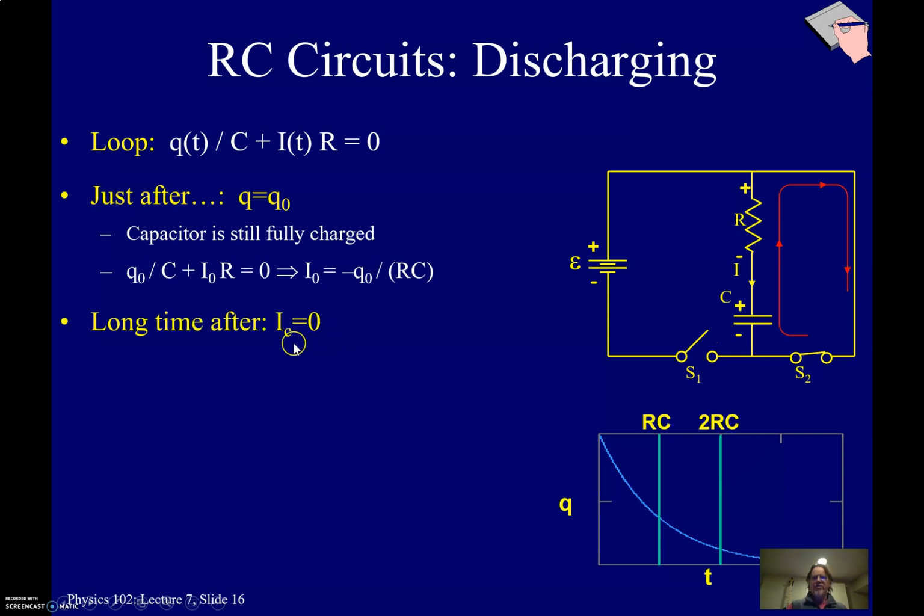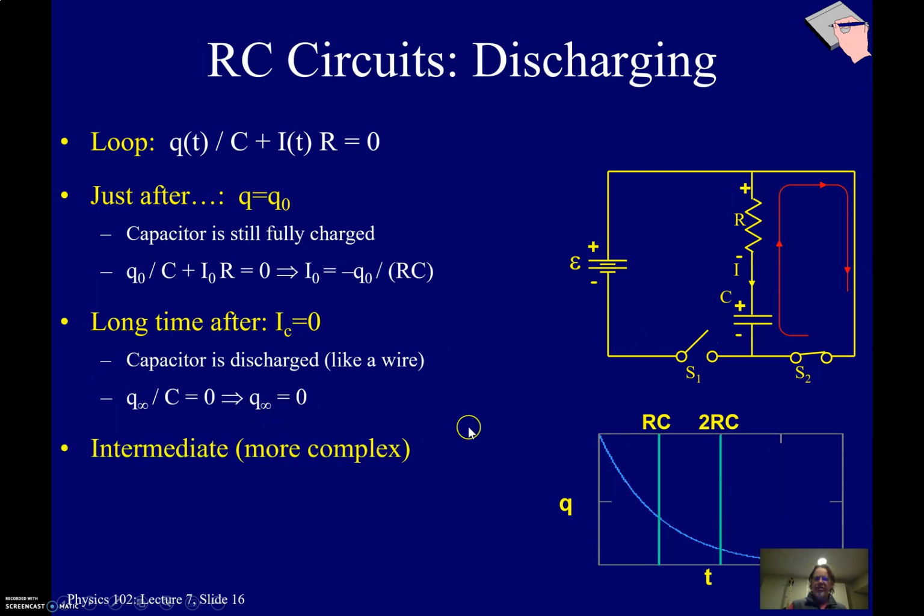All right, so after a long time, remember that current drops down to 0. The capacitor is discharged. It's still going to have a potential across it, but after a long time, there's going to be no charge stored on it whatsoever.